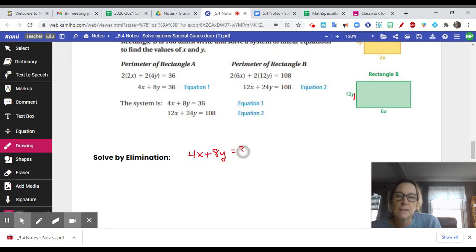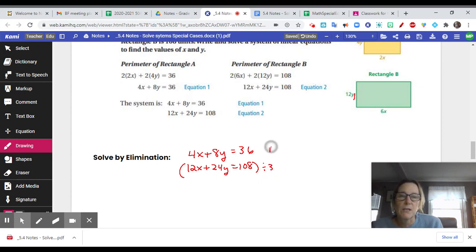But these numbers are getting kind of big. So I notice that the second equation, 12x plus 24y equals 108, I can divide it by 3, and then I'd have the same coefficients on the x. So we don't always have to multiply, we can divide.